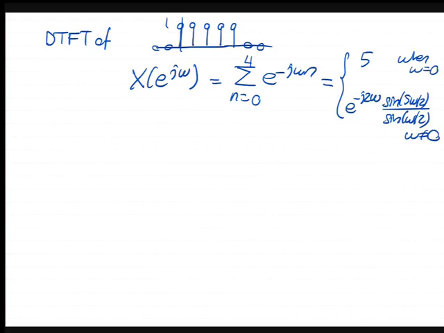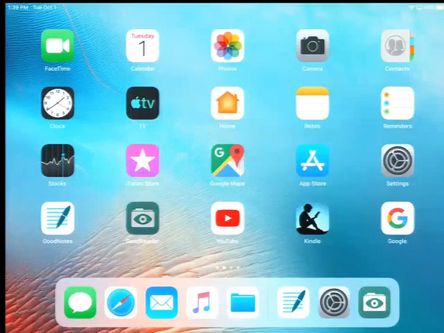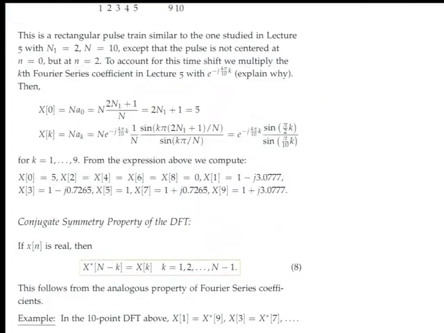And I realize the notes are wrong. 5 when omega is 0. All right? Now, that's a sinc-ish thing, so let's go to the notes so I don't have to draw it again.